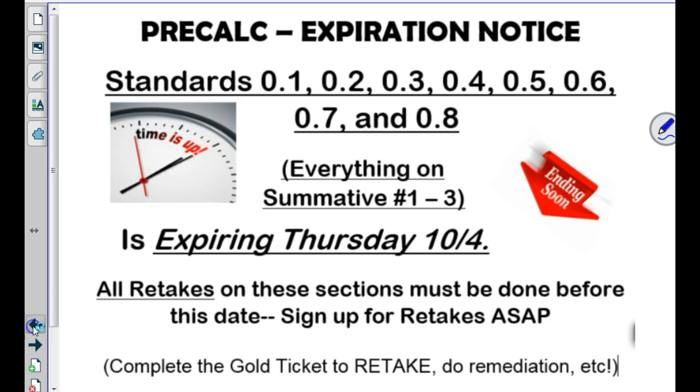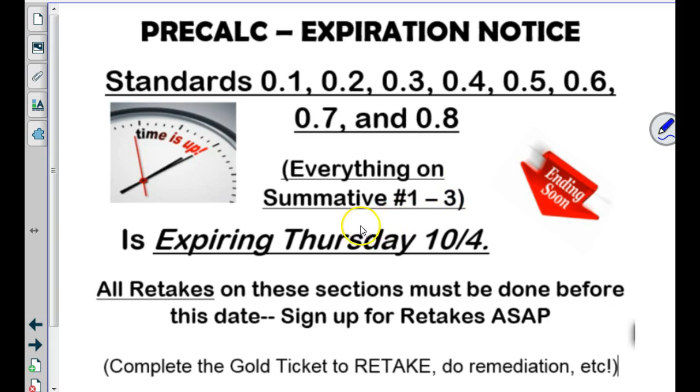Oh, this would be really important. Read this, make sure it makes sense to you, okay? You cannot retake anything after Thursday, October 4th from any of these standards. So that includes everything that was on summatives 1 through 3. So if you open Skyward and you look in the summative column, they are in order from the dates we took them, okay?